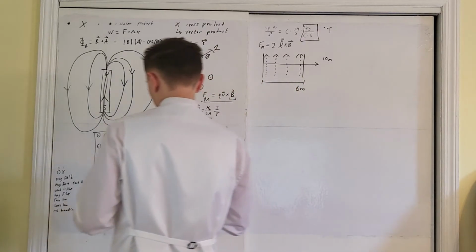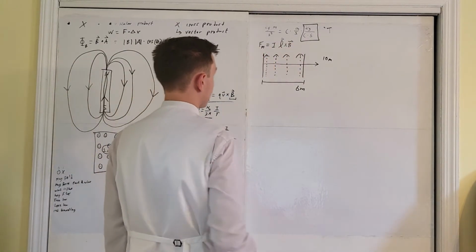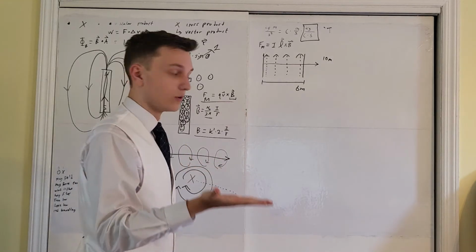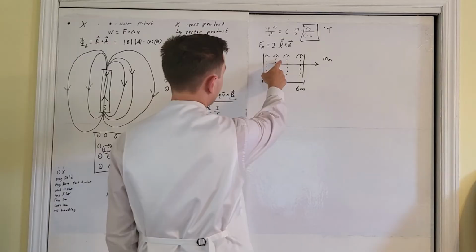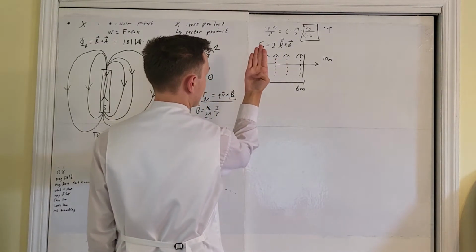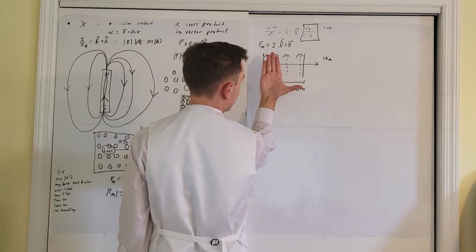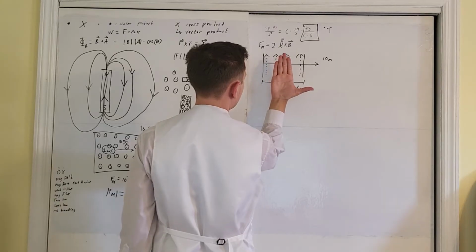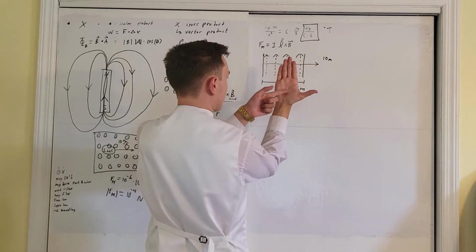So in this case, we have current, B field, and force. Let's use the right-hand rule, okay? If the magnetic field is pointing upward, I'm going to point the fingers of my palm upward. I have current flowing to the right, which means my thumb needs to extend to the right. So the force acting on this wire is in the direction of my palm.